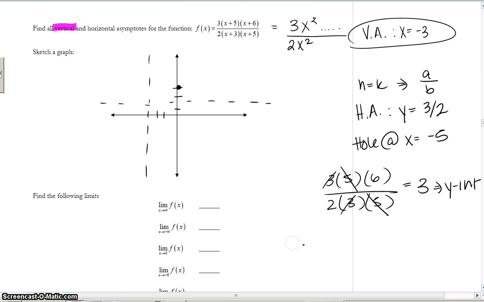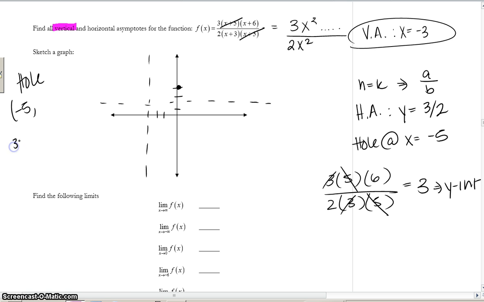So we know that we have a hole at -5, but we want to find out what's our y value, because our hole, as of right now, is (-5, something). To find that something, we plug into the remaining parts of our function. So we've crossed out our hole, so we have to plug in 0 now. Or not 0, we plug in -5, sorry.